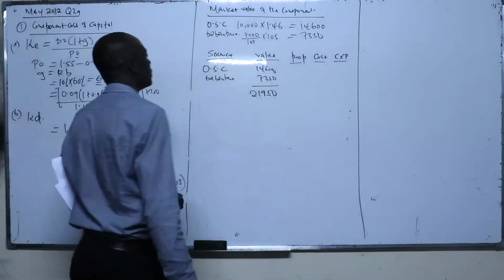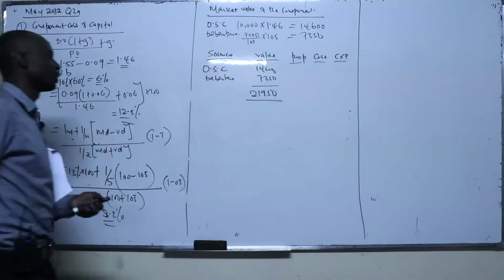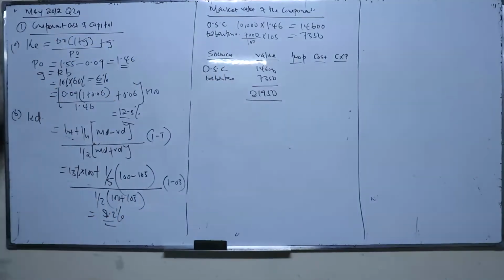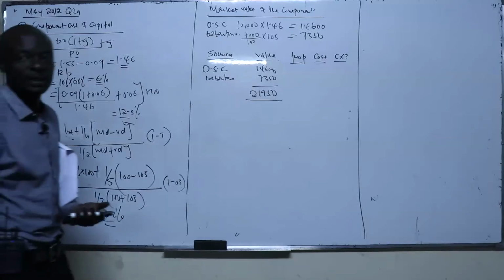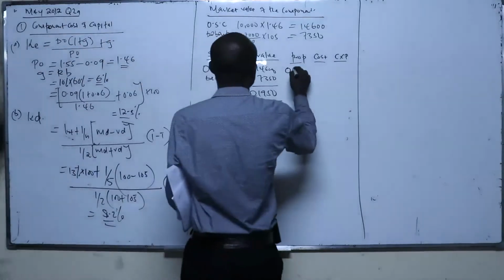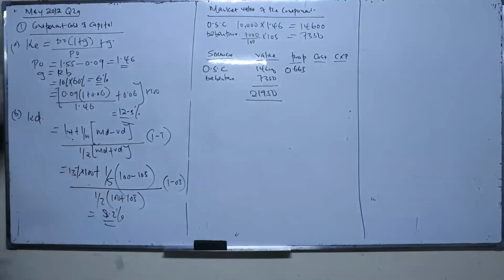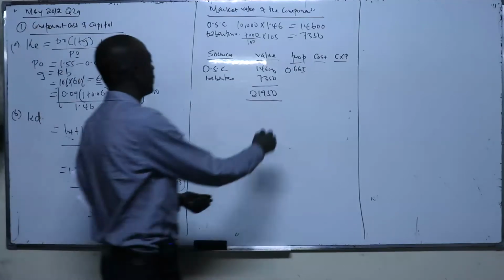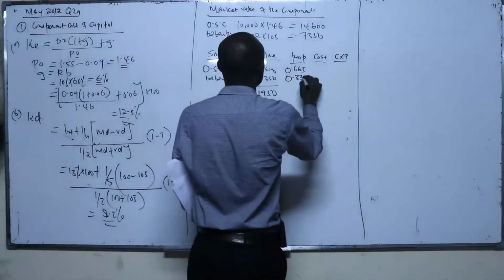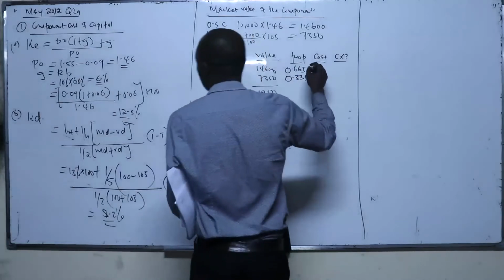So 14,600 divided by 21,950, what is the proportion? 0.665. And the other one? 0.335.